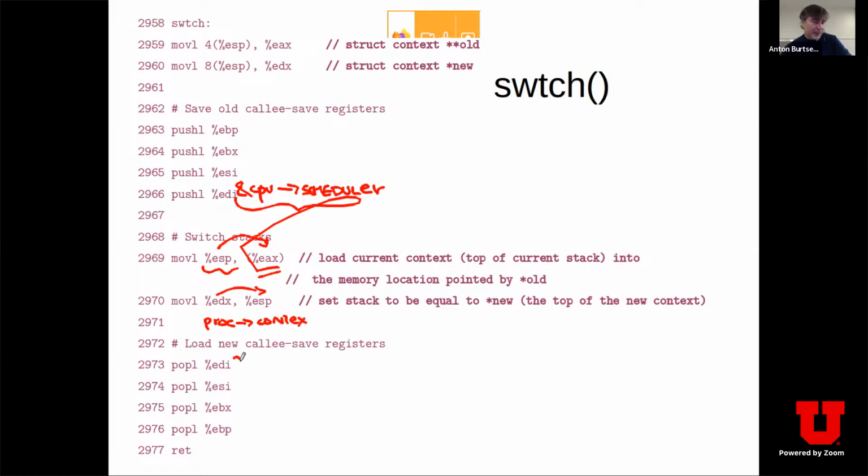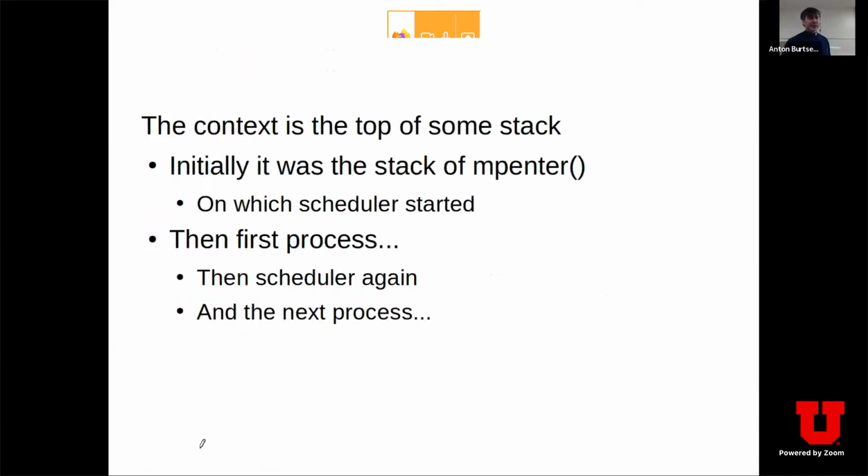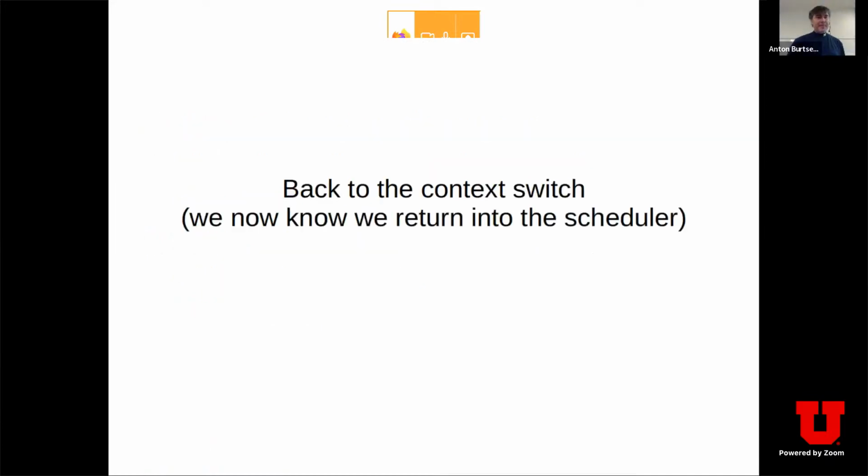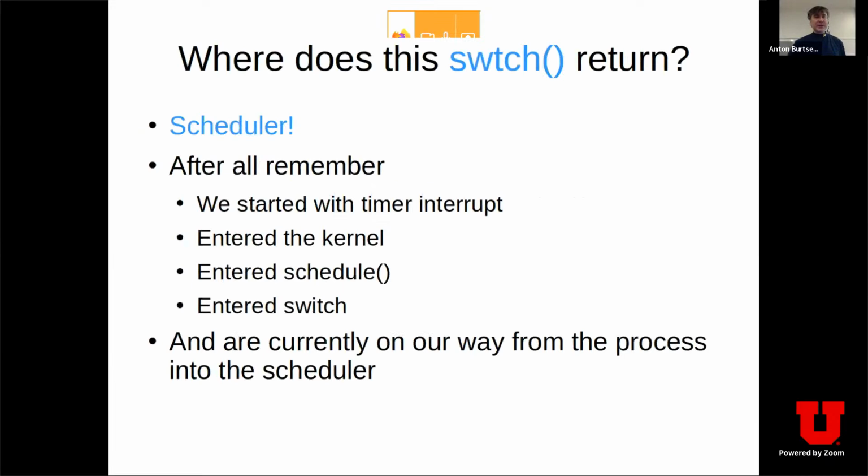We start returning on that stack, essentially popping values from that stack. The context data structure itself has 5 values, so we pop 4 here, and the ret instruction will pop the 5th, the return address, and you will start returning. So roughly speaking, this is the context switch.